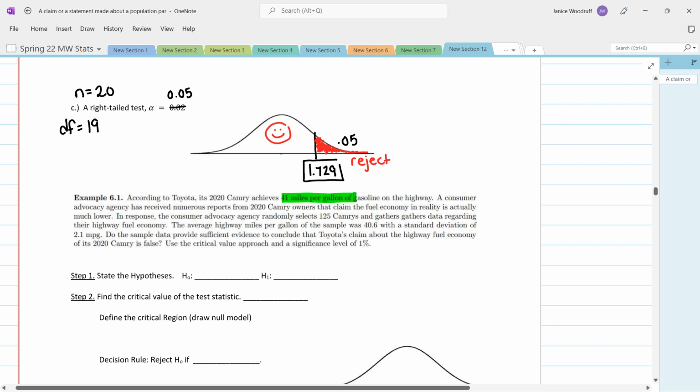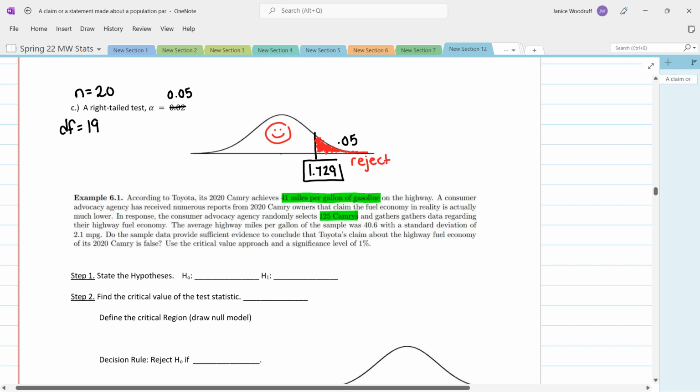But let's read the rest of the problem. Okay, Consumer Advocacy Agency has received numerous reports from 2020 Camry owners that claim that the fuel economy in reality is actually much lower. In response, the Consumer Advocacy Agency randomly selects 125 Camrys and gathers data regarding their highway fuel economy.